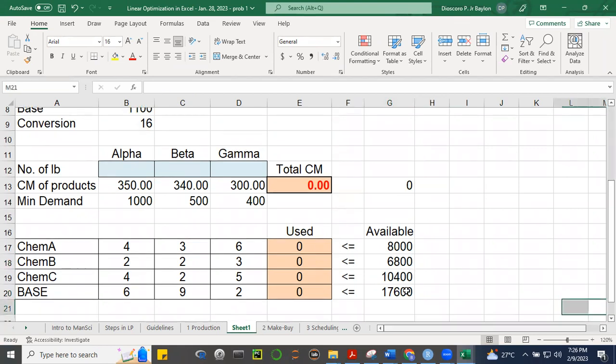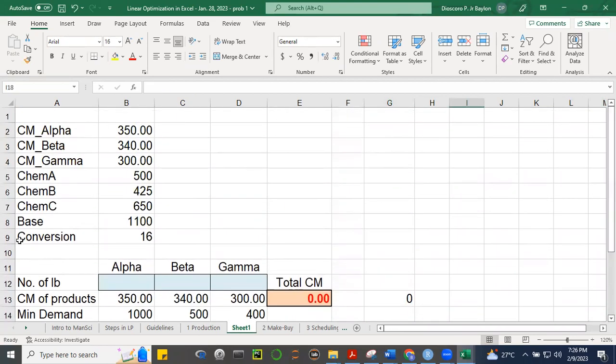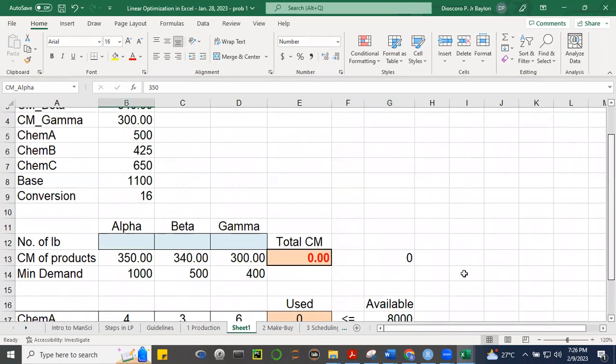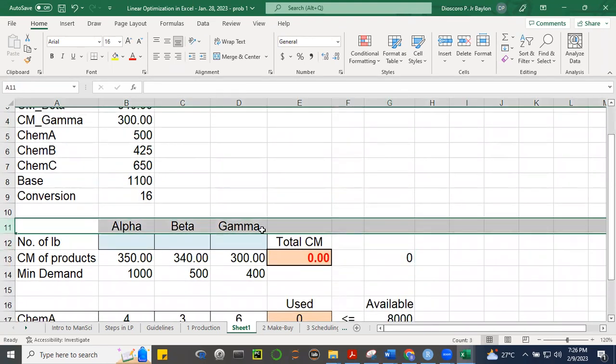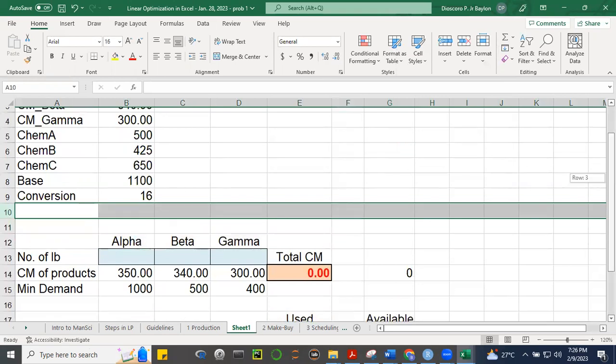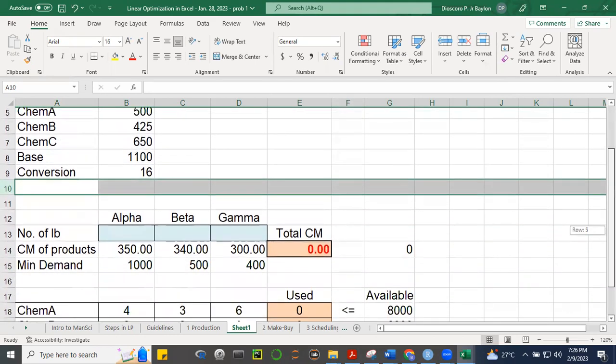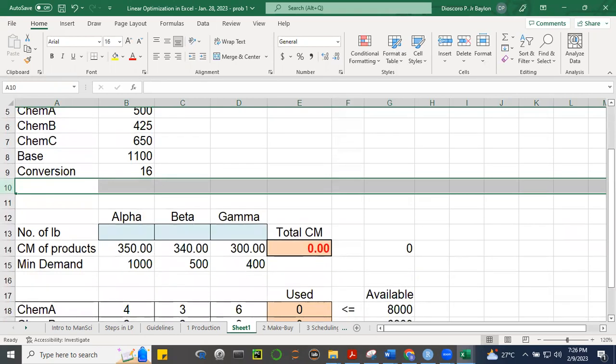So we now have this, and normally I would put here a border or something just to indicate that these are constants. Any constant I usually separate so that if anything changes here, I just change the constant, and everything in my model is linked to my constant.